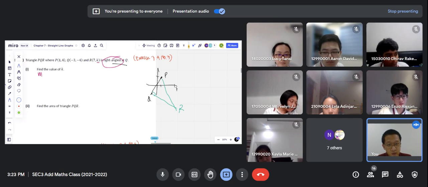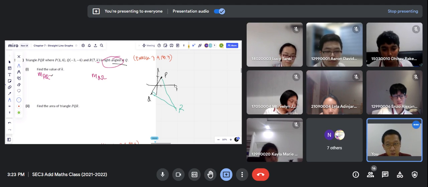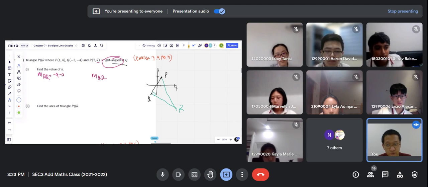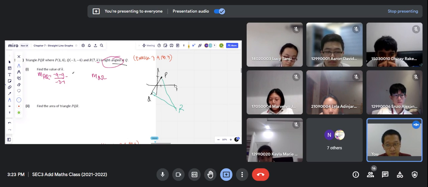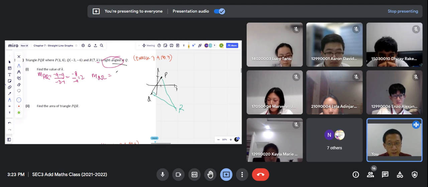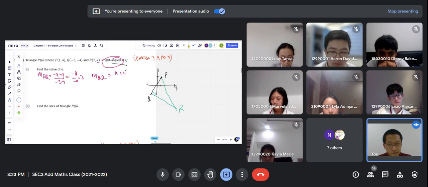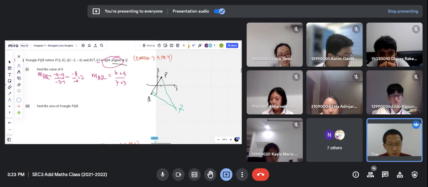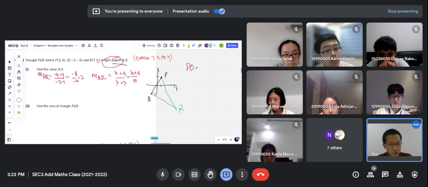So let's find the gradient of PQ and let's find the gradient of QR. The gradient of PQ will be -4 minus 4 over -3 minus 1. So -8 over -4. So it's 2. QR instead is K plus 4 over 7 plus 3. So K plus 4 over 10. Then we know that PQ and QR are perpendicular, right?